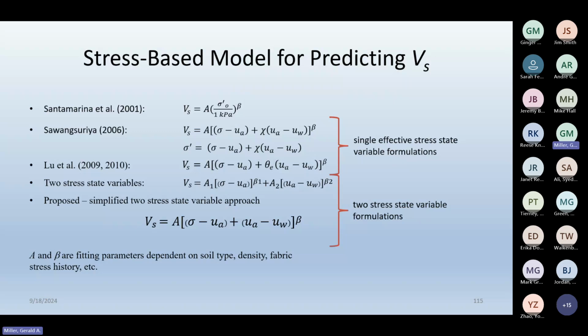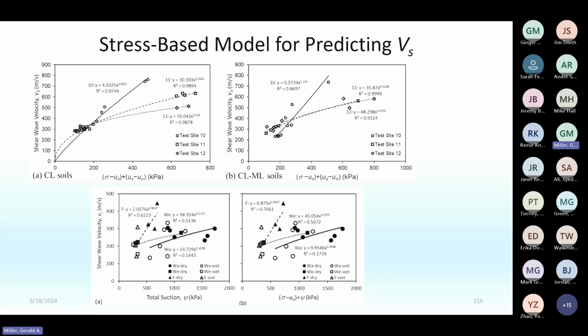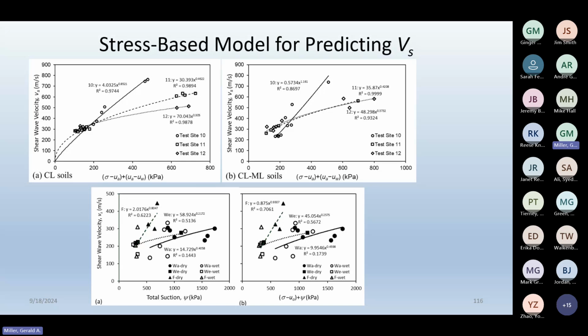In any case, as we would expect, that represents the behavior very well. So if instead of water content or suction, we plot shear wave velocity versus this sigma minus u_a and u_a minus u_w, you get some very nice trends that you can use, again, to model the shear wave velocity.